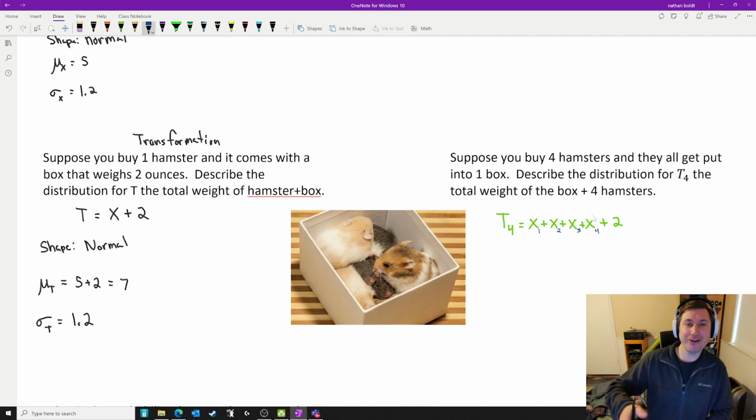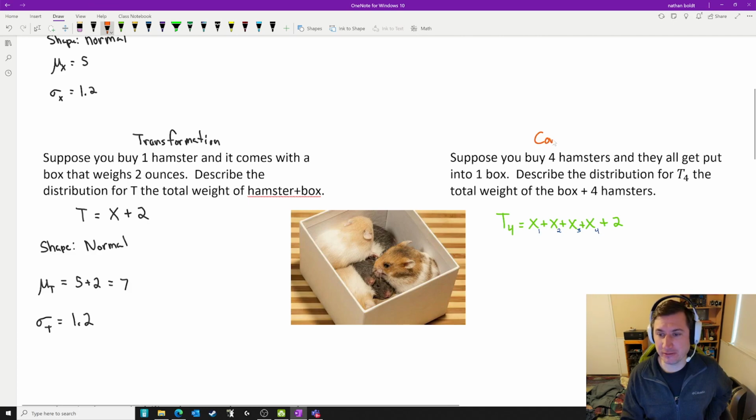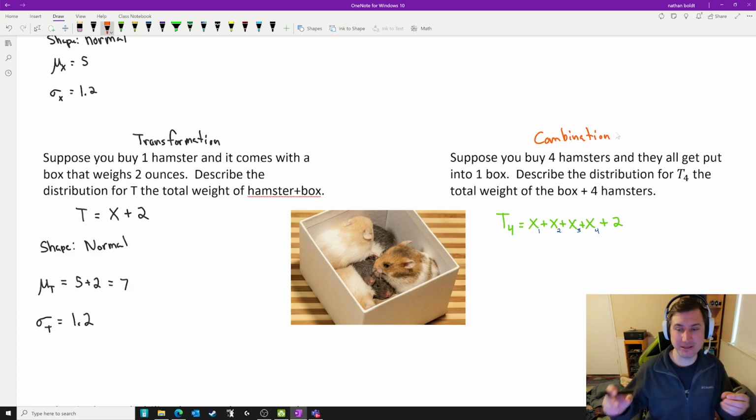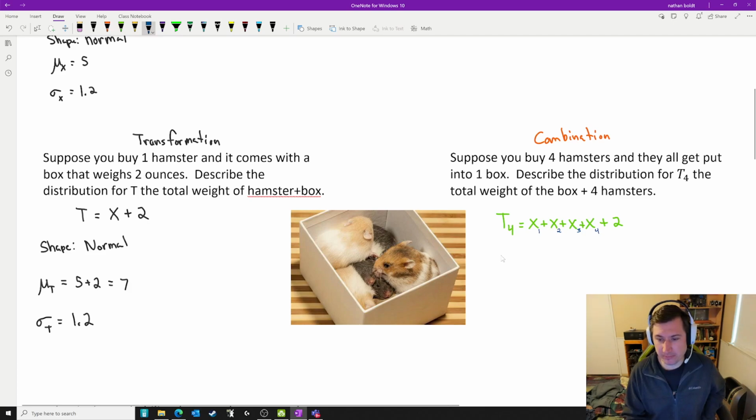Those x's are technically all different, which is why this problem is a combination. We are combining random variables here. But we can't do the algebra combination and turn that into 4x because each of those x's is a different hamster. All right, so what does that do to my shape? Well, the shape is still going to be normal.